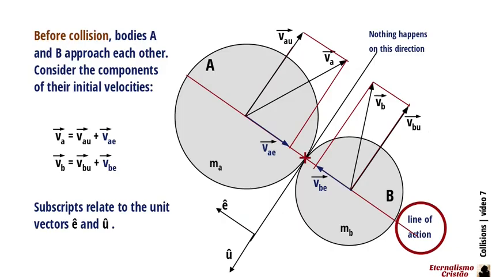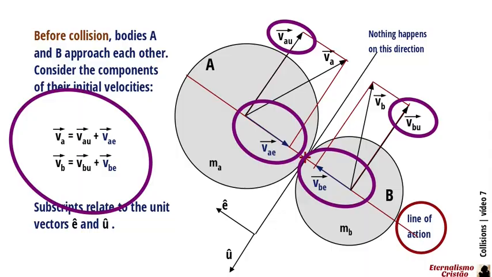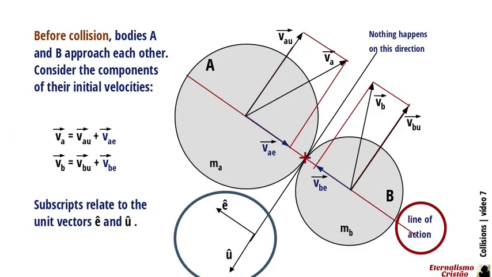Before collision, bodies A and B approach each other. Consider the components of their initial velocities. Unit vectors, E and U, are of utmost importance.